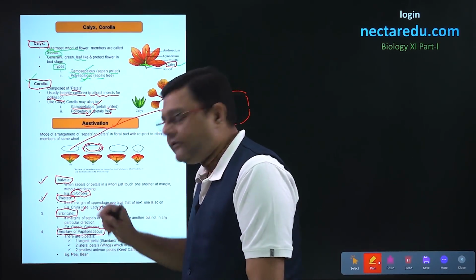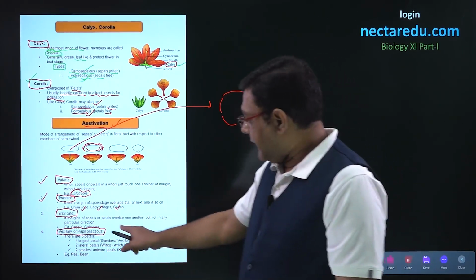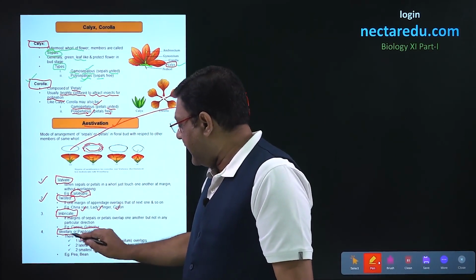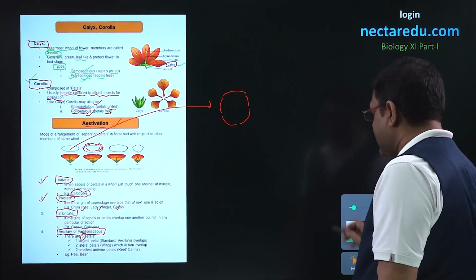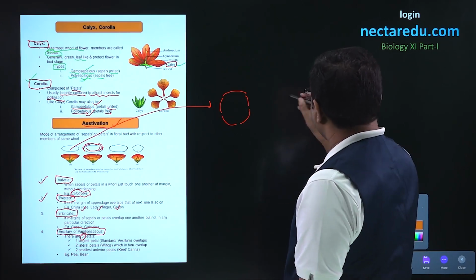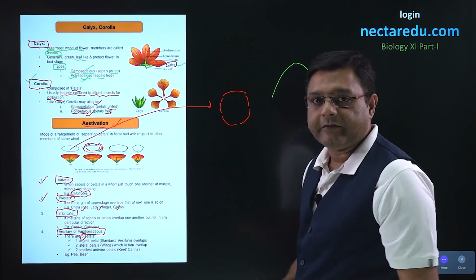Vexillary estivation is also called papilionaceous estivation. Now, in this case, there will be 5 petals, and the structure will be, we can say that there will be a large petal which will be present.